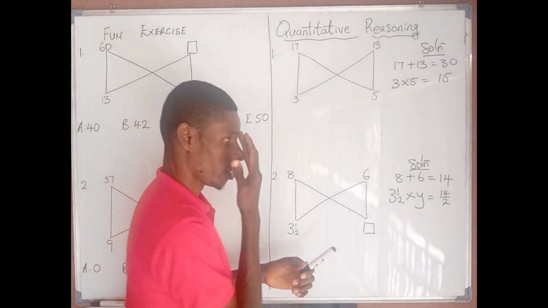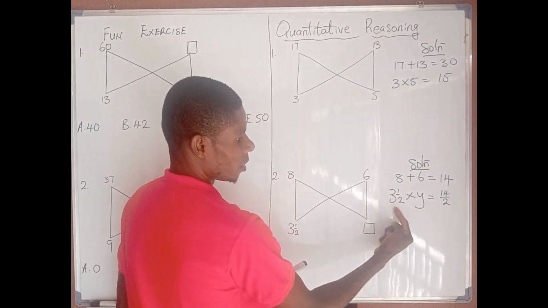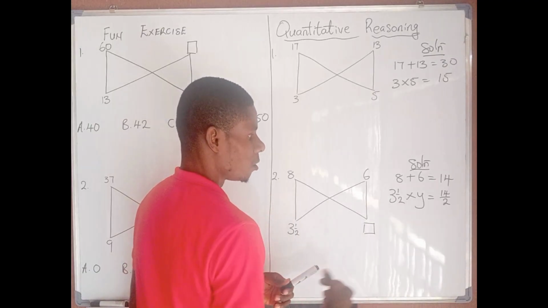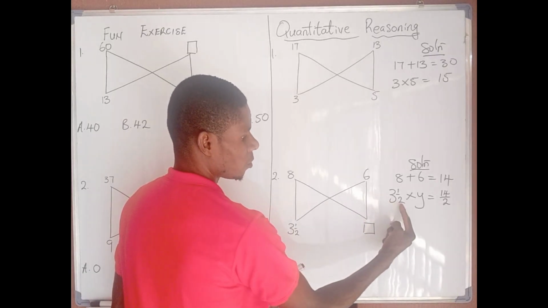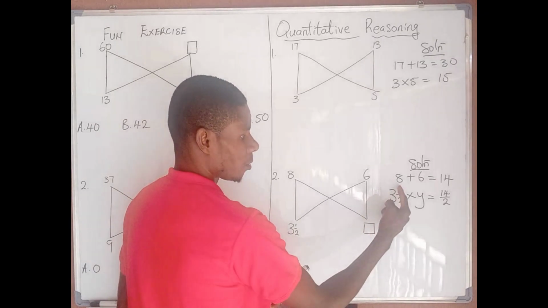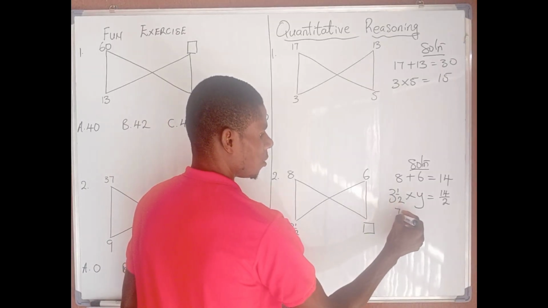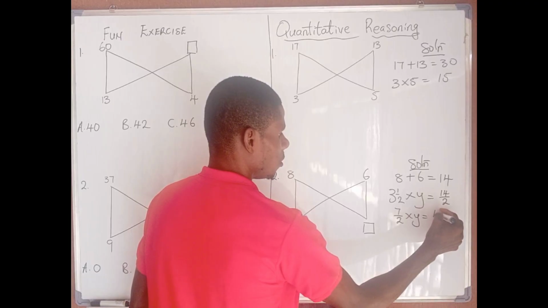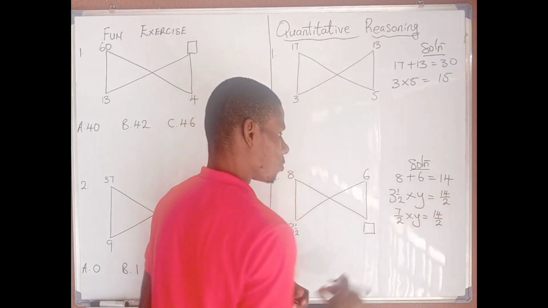Okay, now since we know that this is a mixed fraction, what do we do? Let's change this mixed fraction to an improper fraction. Here will be 2 times 3, that is 6, plus 1, 7. We are going to have 7 over 2 times y equals 14 over 2.